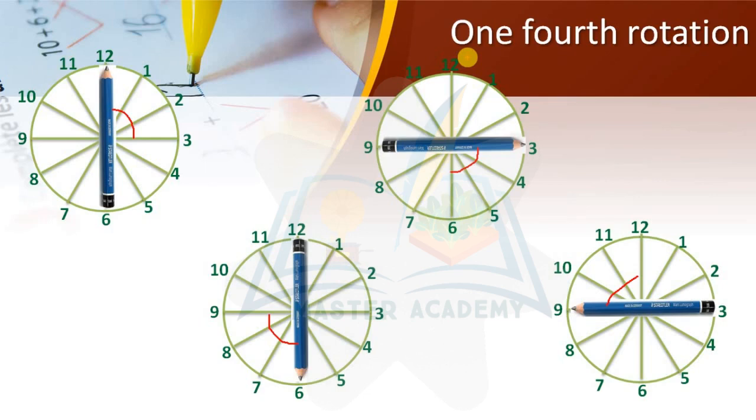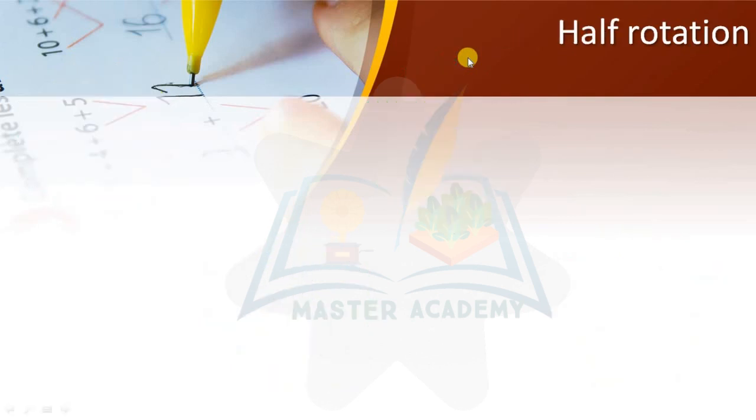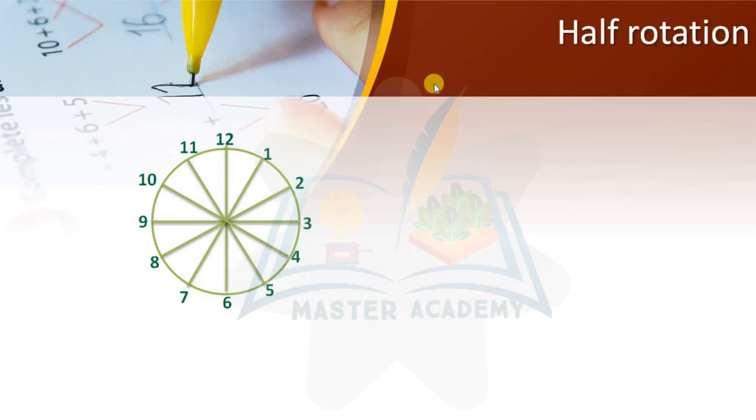Clear? Okay. Now we will move on to the half rotation. So look at this in the next slide. Half rotation. Again I am going to take one clock and I have set one pencil exactly at 12. Okay, now tell me, full rotation, half rotation. So this pencil अब कहाँ पे आएगी?